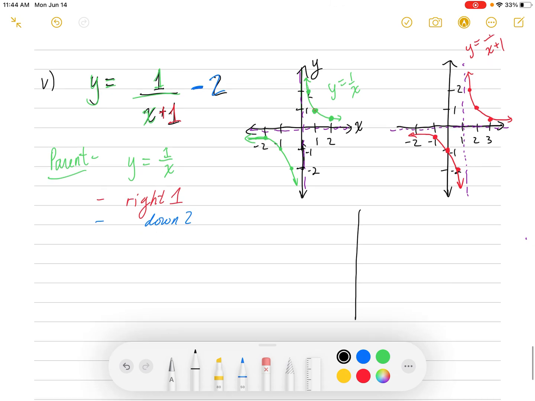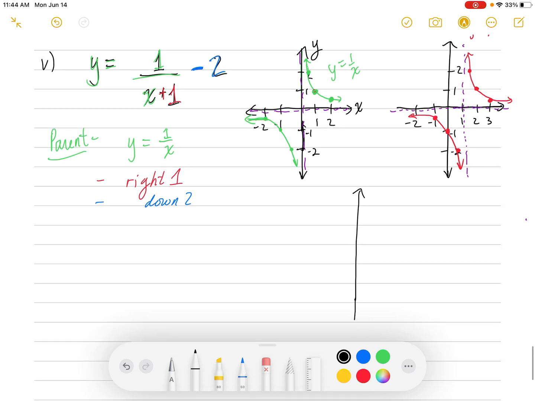Okay? Now I'm going to do one more graph here. My final graph where I shift everything down 2, I'm going to put that right here.